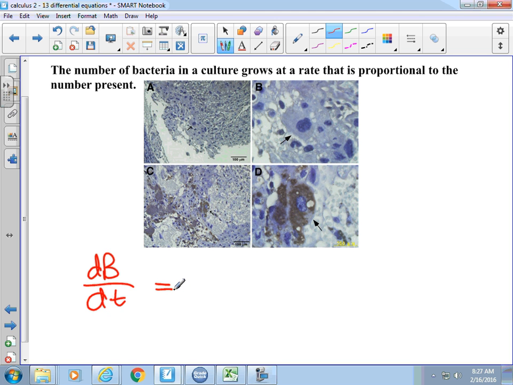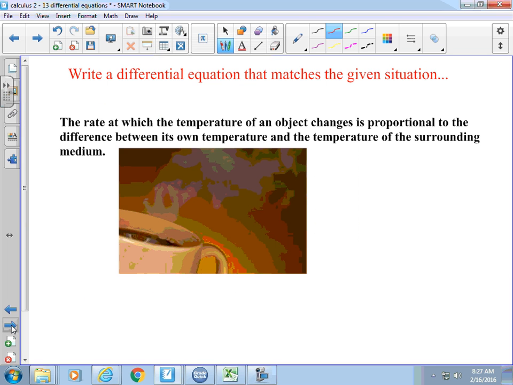Makes sense. So the rate of bacteria growth is proportional. So that means we're going to have a constant times something to the number present. Well, isn't the number present, didn't she already call that B? This is another PERT formula problem, isn't it? Okay. So it wanted me to write a differential equation. I did. Okay, this one's a little different.